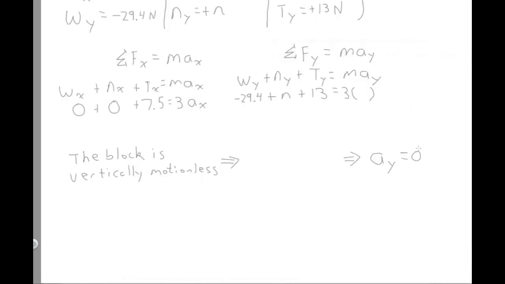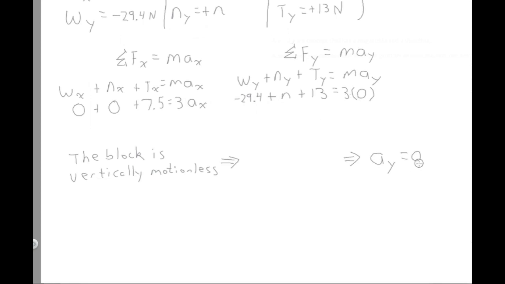The object is not moving at all vertically. That's implied by the problem and by common sense. The block is sliding horizontally on the table, so the block is vertically motionless. Well, if the block is vertically motionless, that means that its vertical acceleration is 0. So we can plug in the number 0 here for a sub y.